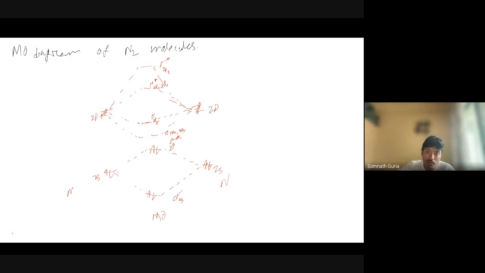First of all, fill the lower energy level: 2 electrons here, 2 electrons here, 2 electrons here, right? So here all the 10 electrons are bonding electrons. Now, can you calculate the bond order? Yes, we can calculate the bond order. What will the bond order be then?